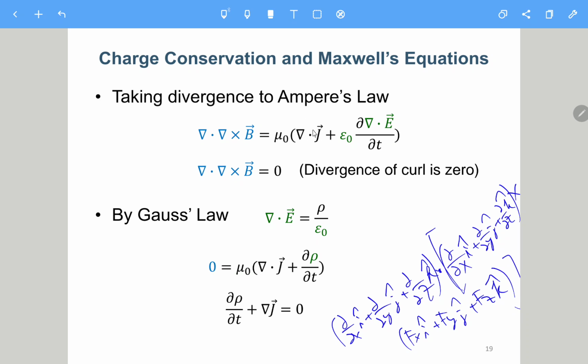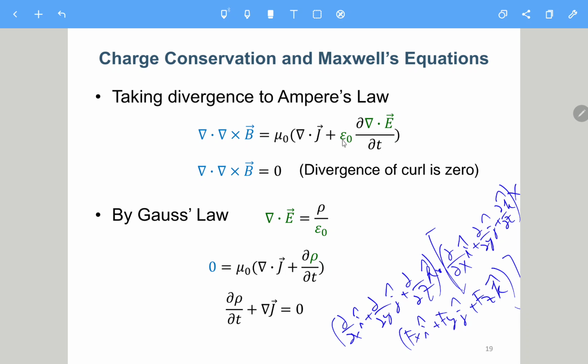For the first term we have the divergence of J, and for the second term we can just put it inside the partial derivative with respect to time. This is the derivative in the space domain, so we have the divergence of E here. So this one is zero, so on the left side we have zero, and then we have mu naught divergence of J.